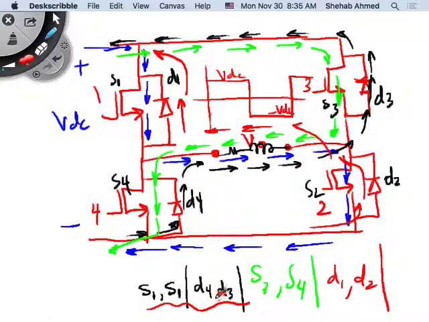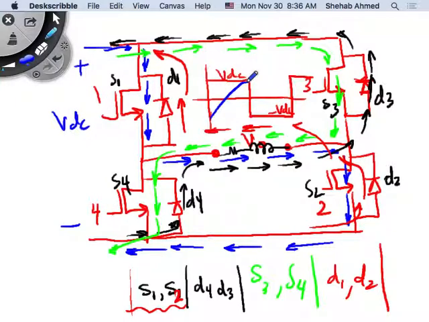When S1 and S2 are on here, during this time, I had a period of positive current. What was the direction of current flow here? S1 and S2 current flows this way. So the black was positive and the blue was positive. But in this period, remember current looked like this?